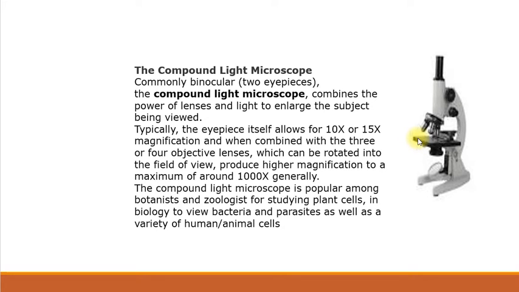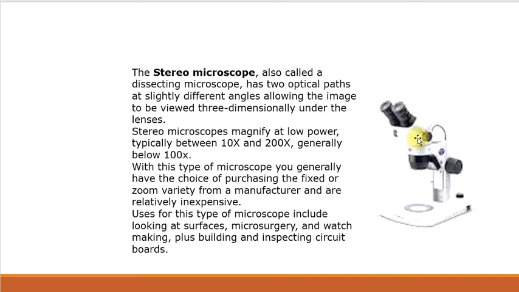Then after that, this is the stereo microscope. In this image, as we have seen, this is the stereo microscope. It is also called the dissecting microscope. It has two optical paths at slightly different angles, allowing the image to be viewed three-dimensionally under the lenses. These stereo microscopes magnify at a lower power, typically between 10x and 200x, and generally below 100x.